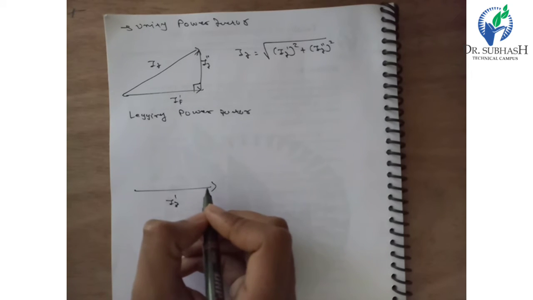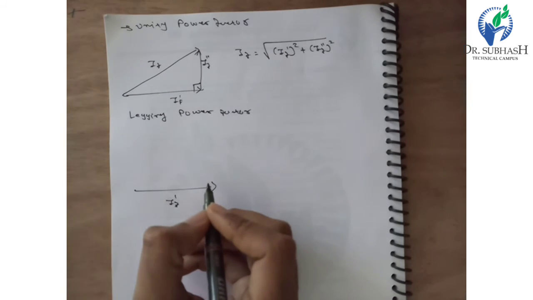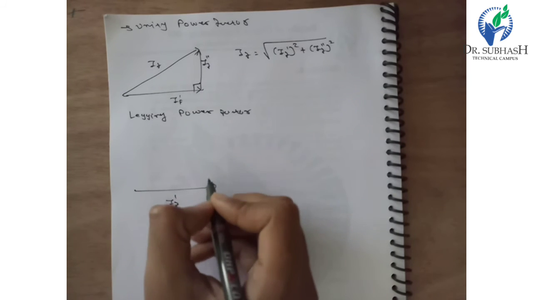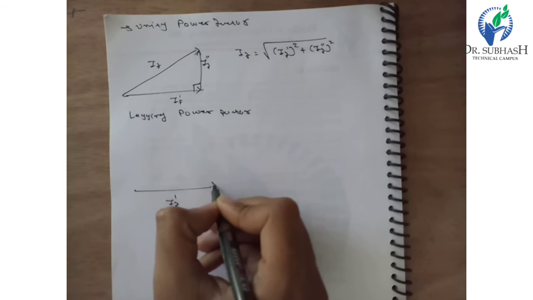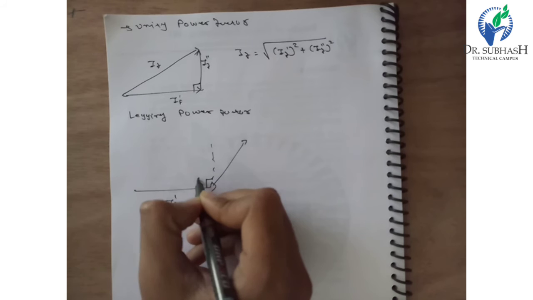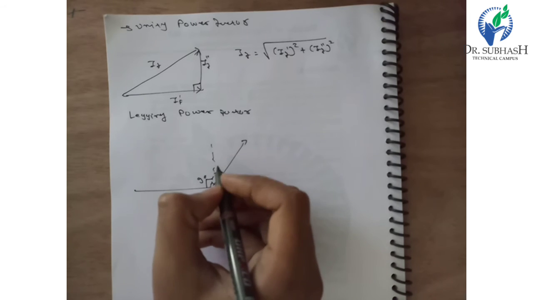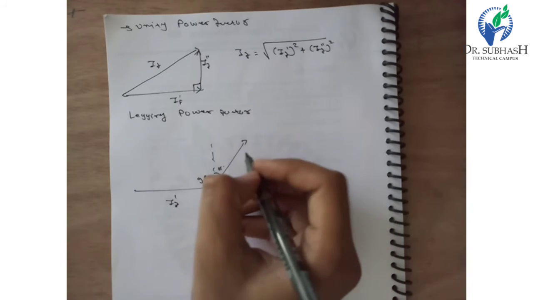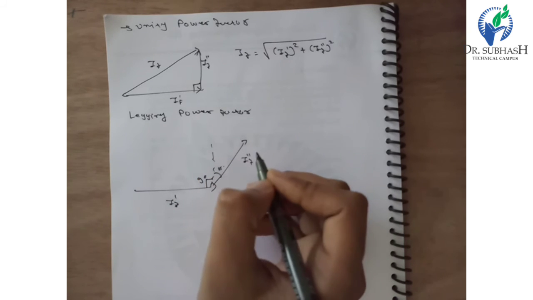Considering the given power factor condition, the power factor angle phi is found, where phi is equal to cos inverse of the power factor. IF double dash is drawn at the tip of IF dash at an angle of 90 plus phi. So here there is a 90 degree and a phi angle, and the total 90 plus phi angle is the IF double dash.